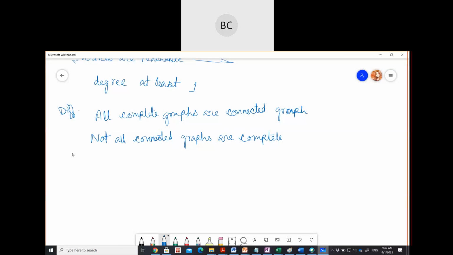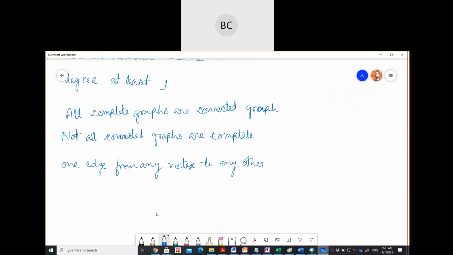So here you can just write: one edge from any vertex to any other, for a complete graph.